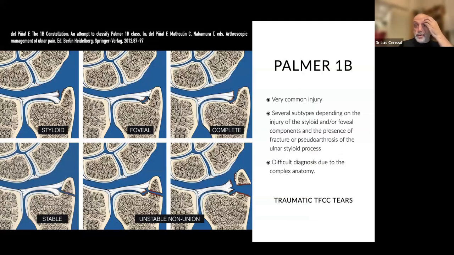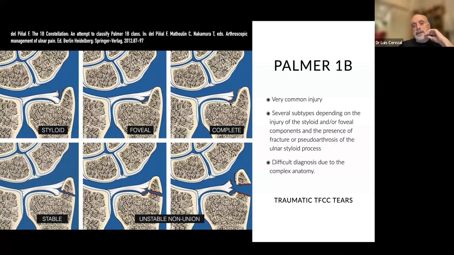Palmer class 1B is also a very common injury, and Atzei described a classification of these injuries. We could have an injury of the styloid insertion, a non-communicating injury, another non-communicating injury very important in terms of stability of the distal radioulnar joint, especially the foveal insertion.